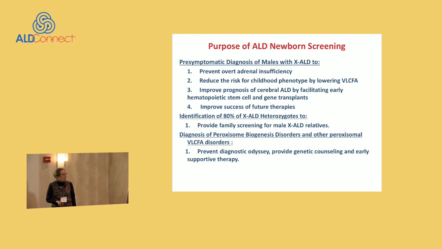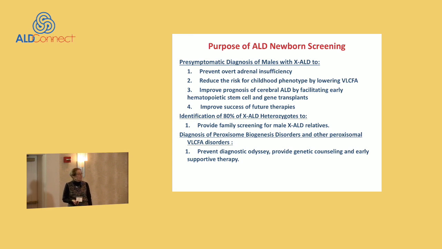We identify at least 80% of the ALD heterozygotes, the females, and that will help provide family screening for male ALD relatives. And we also diagnose the peroxisome biogenesis disorders and other peroxisomal very long-chain fatty acid disorders where there may not be therapies. However, we think it very important to help with the diagnostic odyssey, provide genetic counseling and early supportive therapy for these disorders.